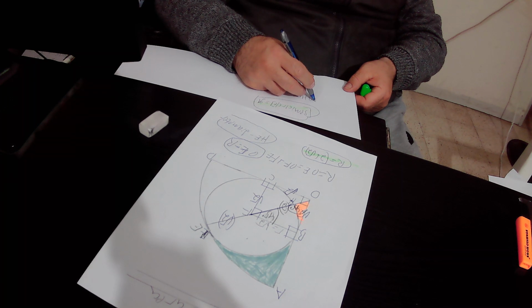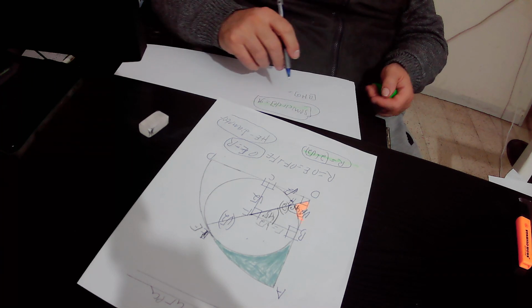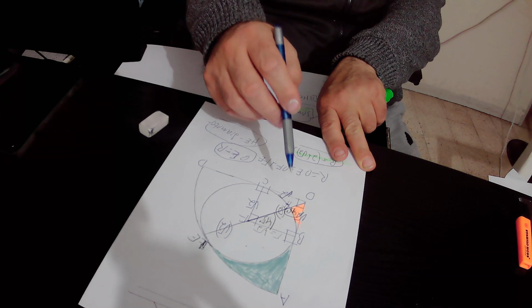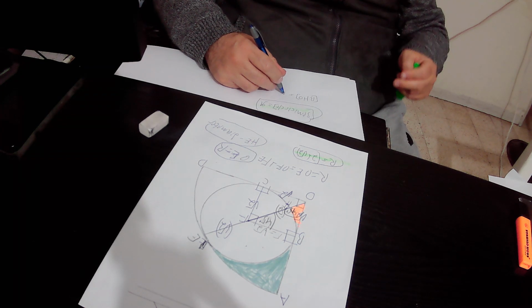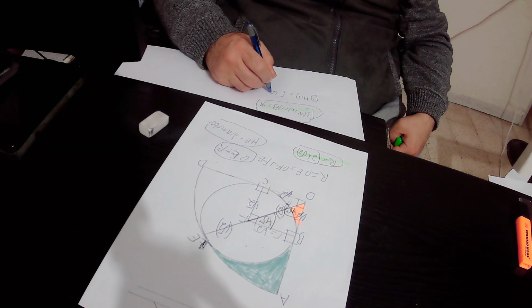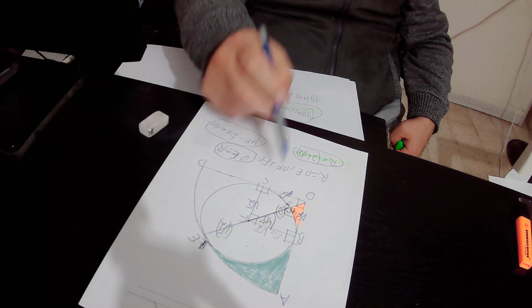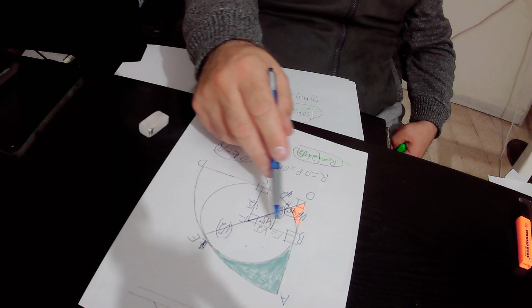The area of the small shape BHO will be equal to the area of the right isosceles triangle BFO minus the area of this small sector BFH.